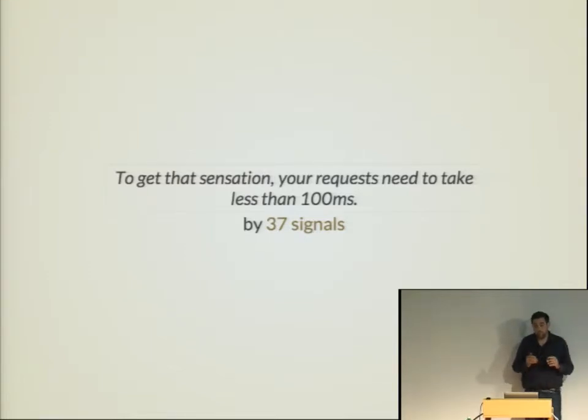They call it the instant sensation. When you open a book, you already see the next page, and they want to have the same instant sensation. And then they say to reach that, your request needs to take less than 100 milliseconds. So that's not a lot, but yeah.